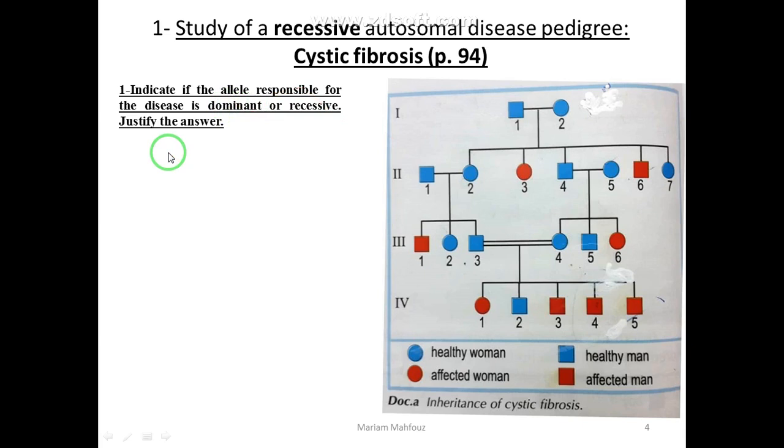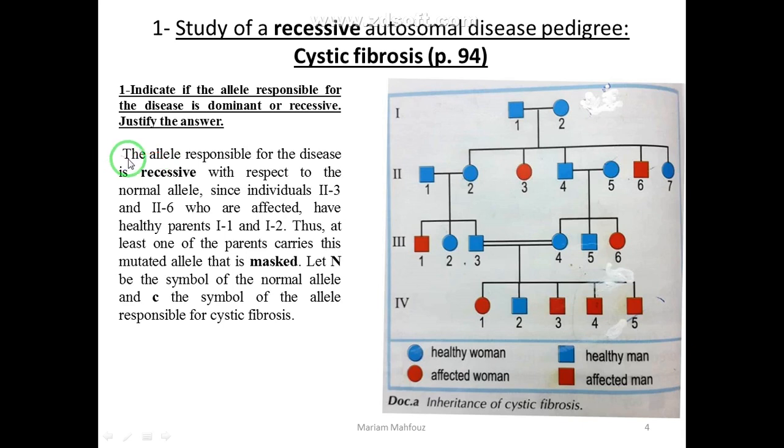For this reason, we have to follow this rule in answering the question. Since the question is to indicate the allele, we have to say that the allele responsible for the disease is recessive with respect to the normal allele. Why? Since individuals 2, 3 and 2, 6, as you see, who are affected, have healthy parents 1, 1 and 1, 2.